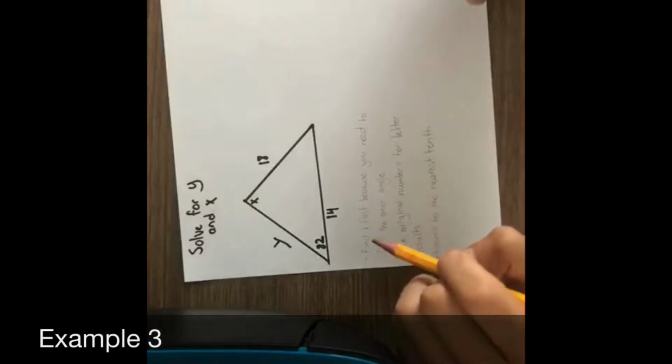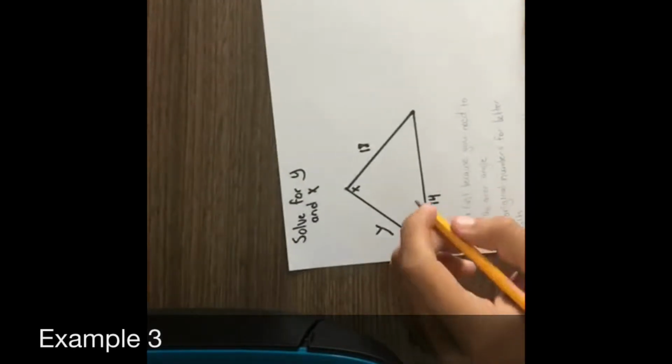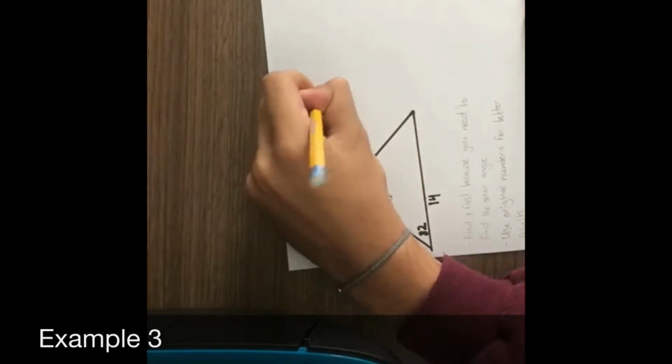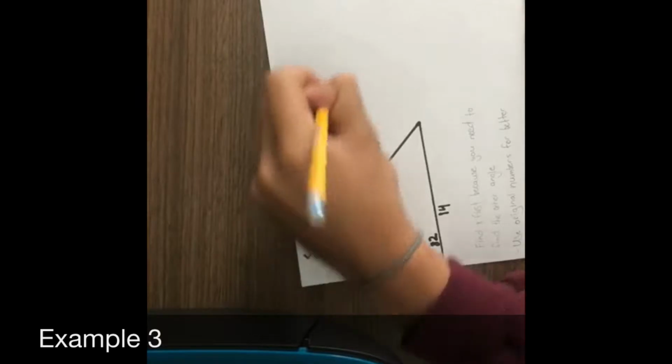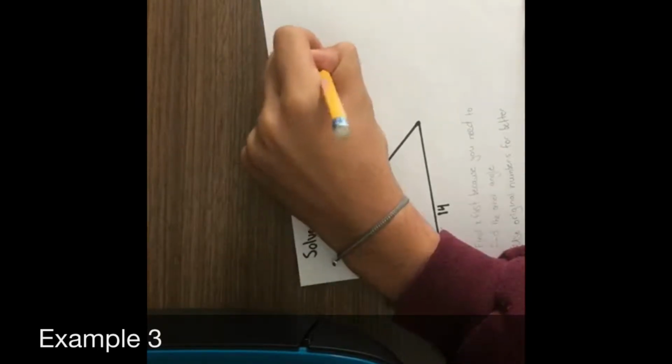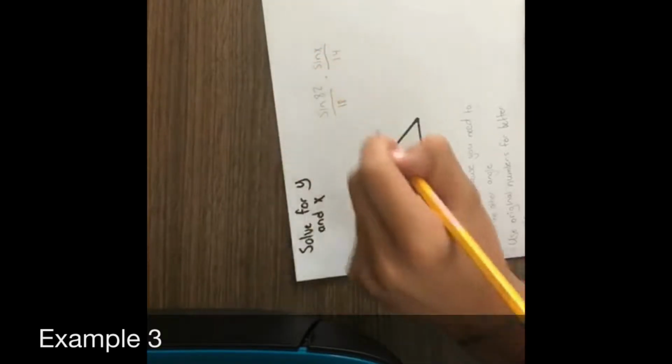Okay guys, so for this example, the first thing you need to do is to find x. So the equation will be sine of 82 divided by 18 equals the sine of x divided by 14.